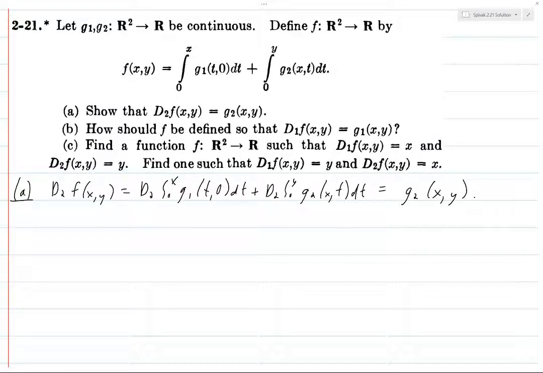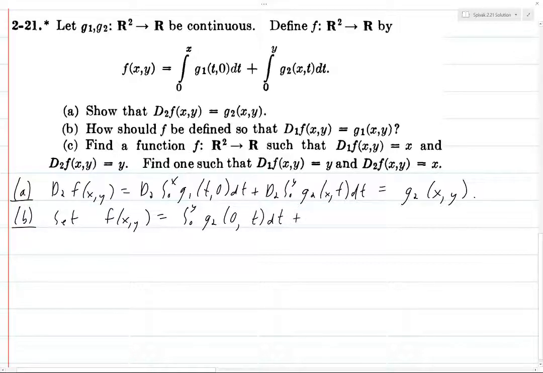Well, basically, we just flip all the x's and y's and the 1's and 2's. So if we set f of x, y to be the integral from 0 to y of g2 of 0, t dt plus the integral from 0 to x of g1 of t, y dt.